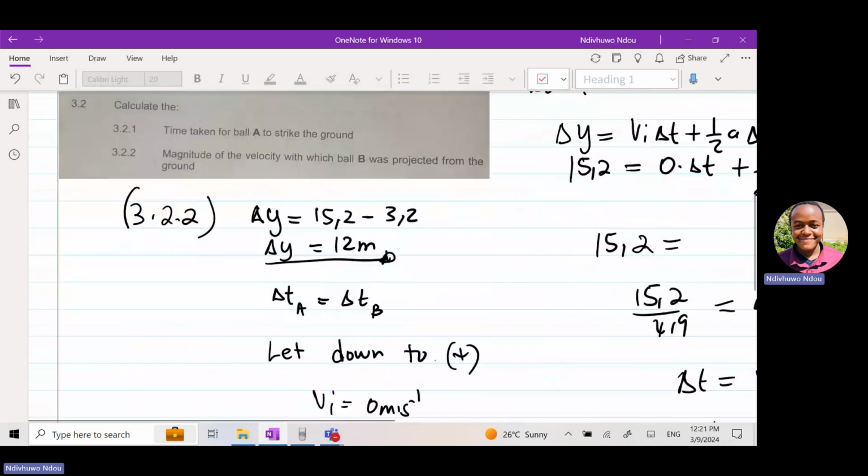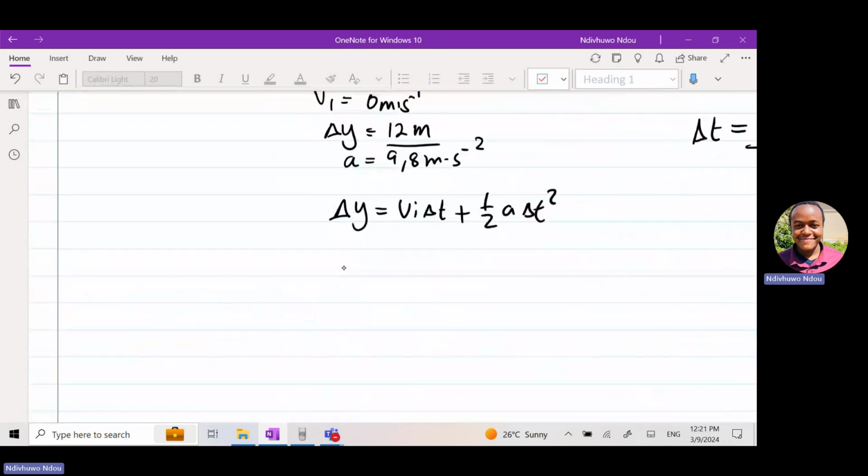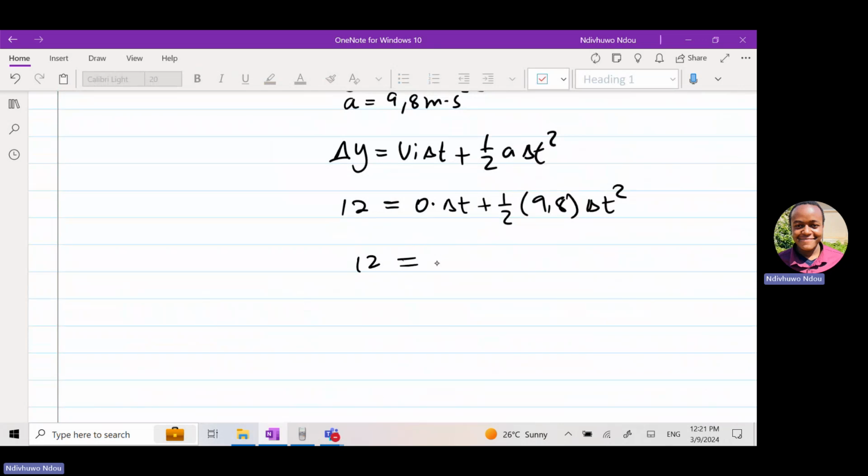The gravitational acceleration is still 9.8 meters per second squared. Then we can go on our formula, which is change in Y equals V initial times change in time plus half a change in time squared, and solve for time. Change in Y is 12, V initial is 0, plus half of 9.8 times change in time squared. So we have 12 equals 4.9 change in time squared.